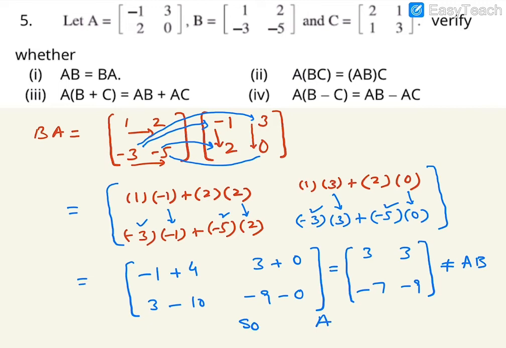So AB is not equal to BA. So the first one we can say is not possible. Generally, you know, the multiplication is not commutative, so AB is not equal to BA. So this one is not verified.